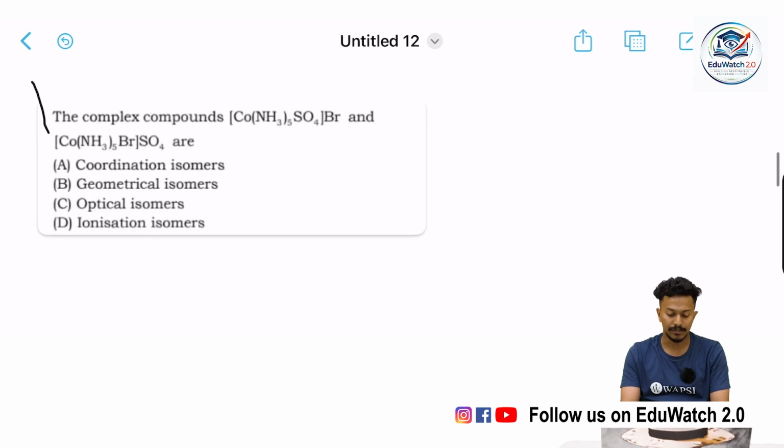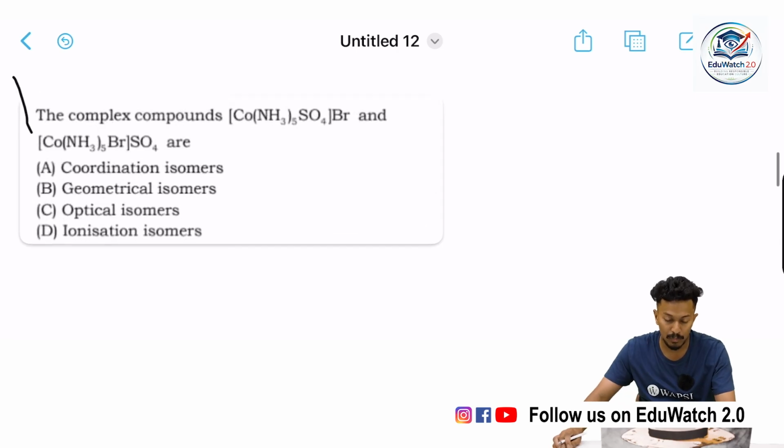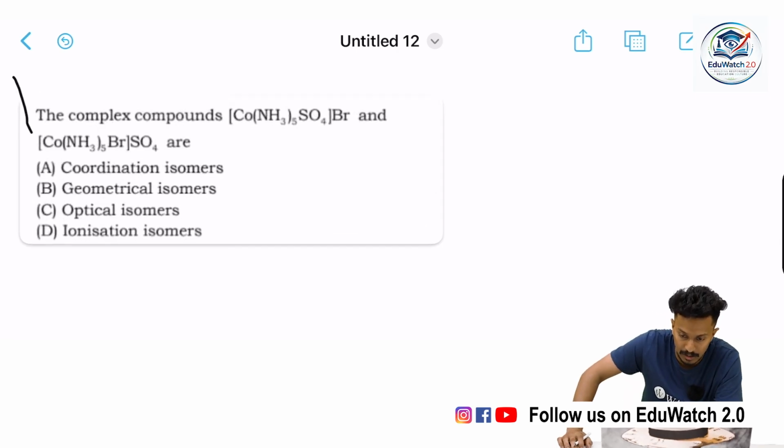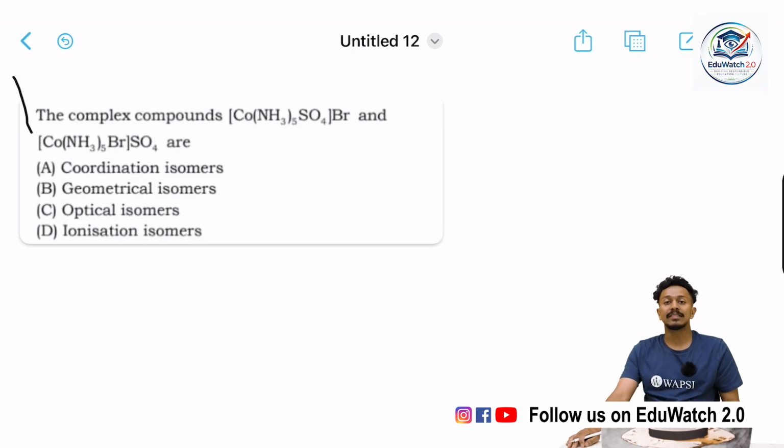For our next question, the complex compounds: pentaamine sulfato cobalt(III) bromide and pentaamine bromo cobalt(III) sulfate. These two are actually what kind of isomers: coordination isomers, geometrical isomers, optical isomers, or ionization isomers?